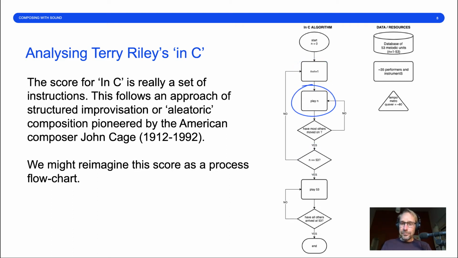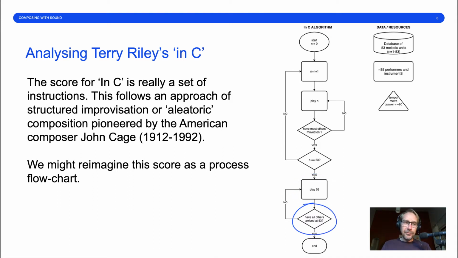And this process, this sequence, this algorithm is executed until the answer to are we up to number 53 yet is yes, at which point we play number 53, and then we listen out to see if all other players have arrived at 53. If not, we play that fragment again.